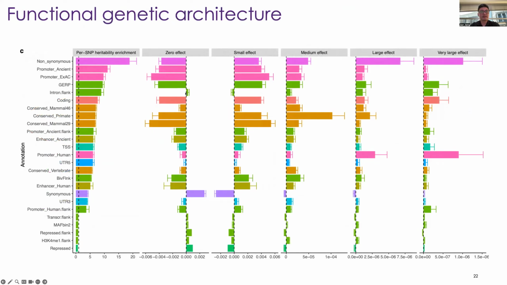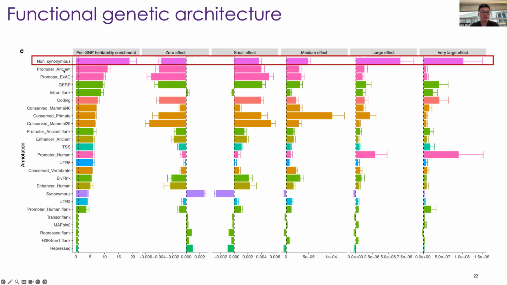Beyond prediction accuracy, SBayesRC also provides insights into the functional genetic architecture of the traits. These are the results across different complex traits. Now we are able to dissect the high heritability enrichment in specific functional annotations into the contributions of different effect size distributions.